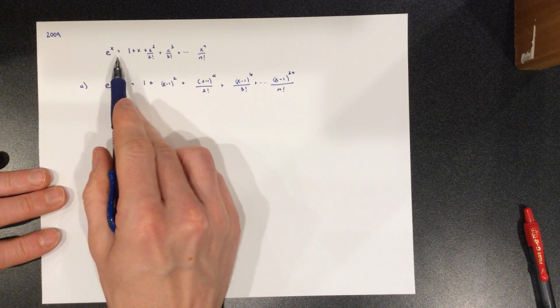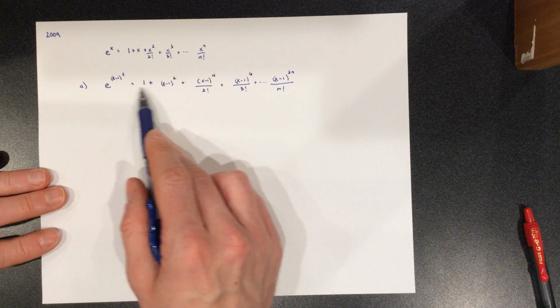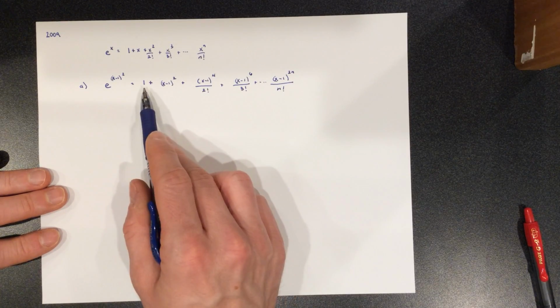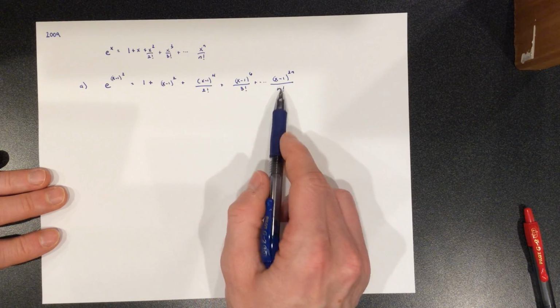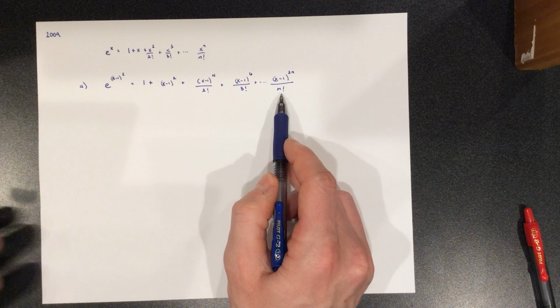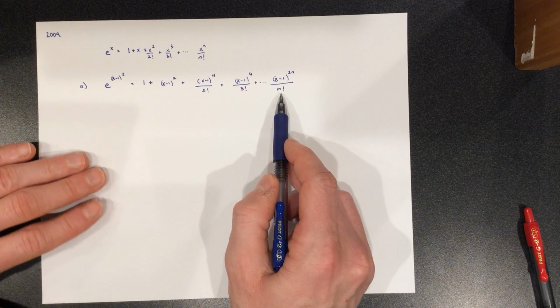Okay, so they gave us this and we're just making a substitution. And I said the first four non-zero terms, 1, 2, 3, 4, dot dot dot, and then the general term. Okay, that sound good to everybody?